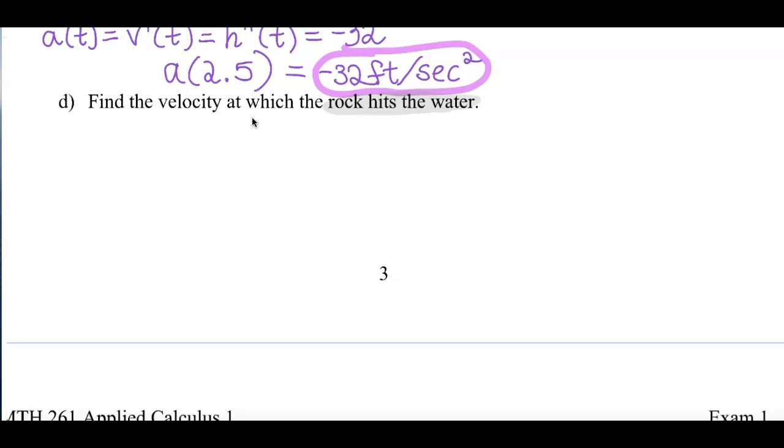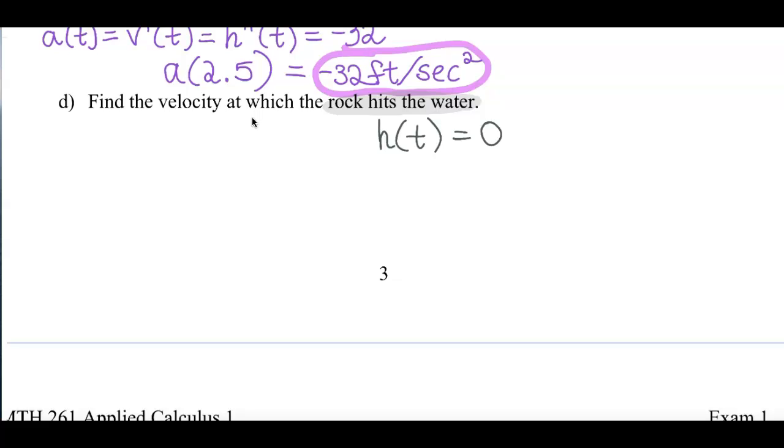That means, for the rock to hit the water, the distance between the rock and the water has to be 0, right? To hit the water, it has to touch the water. So this is what you will solve first. Find the time when the height is equal to 0.